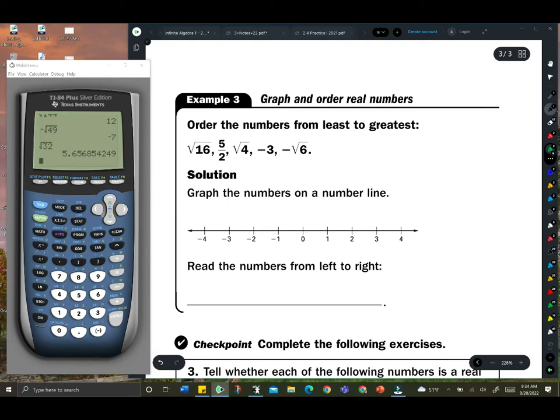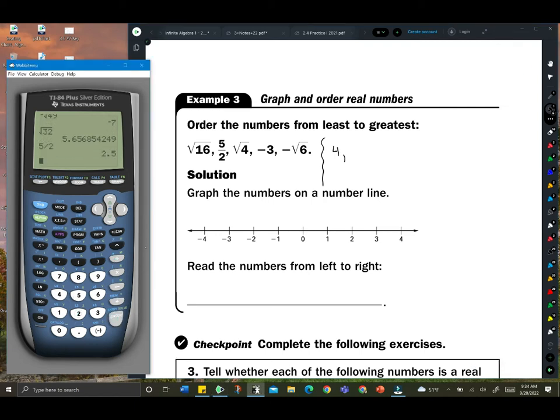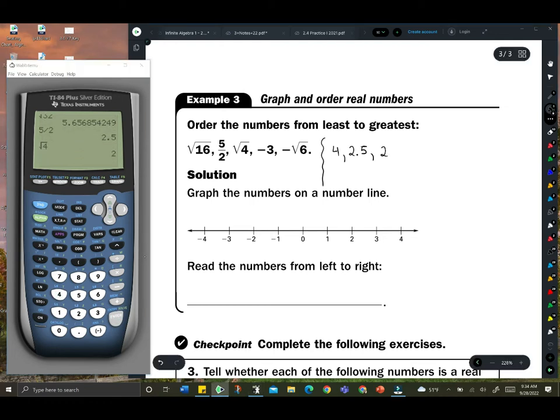Graphing numbers. This should be relatively simple, but I would recommend always put them in decimal form to get an idea. So square root of 16, I know is really 4. We did that in the past. 5 halves. Let's see what that is as a decimal. 5 halves is 2.5. Square root of 4 is 2.